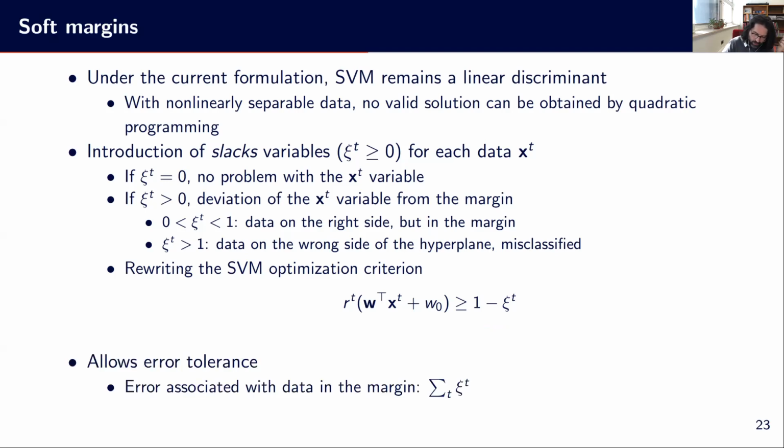To allow this kind of tolerance, we will also compute the error associated to the margins, which is basically to sum the value of ξt. So we are summing the ξt as a measure to say how much tolerance we have, or by how much we have data in the margin.